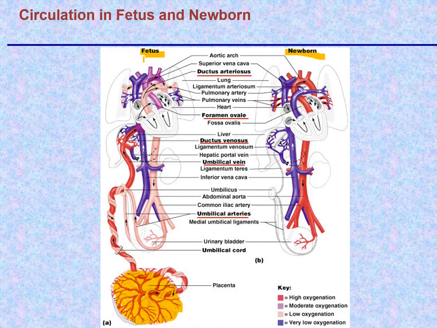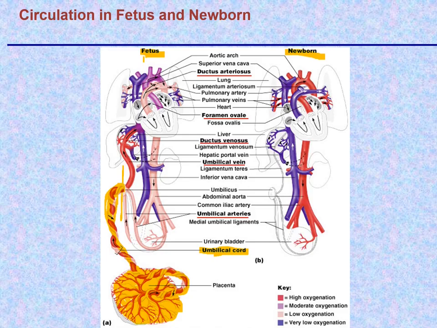The umbilical cord comes from the placenta and then enters into the fetus's abdominal cavity at what is now your belly button, the navel.